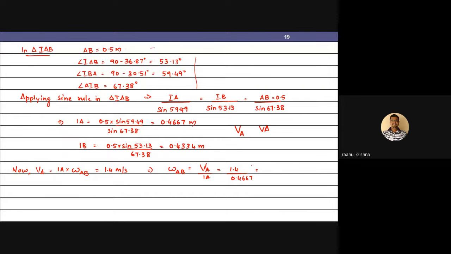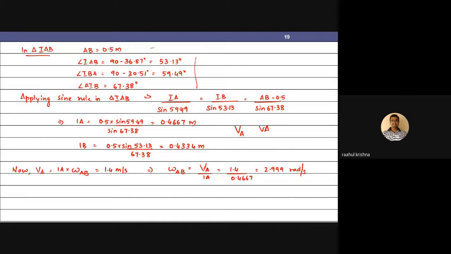So what is the value of omega that you get? 2.999, and the value of angular velocity is in radians per second. The unit of angular acceleration is radian per second square. And how do you represent angular acceleration?